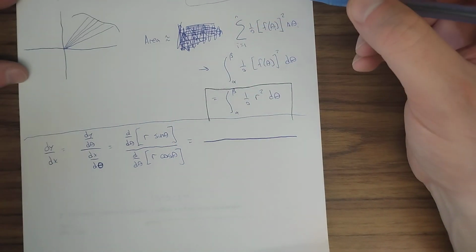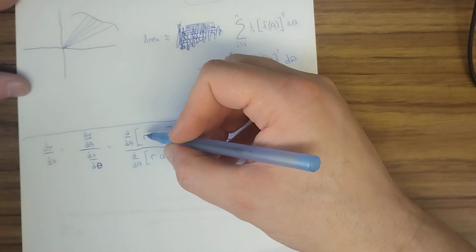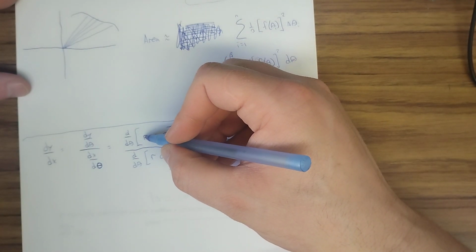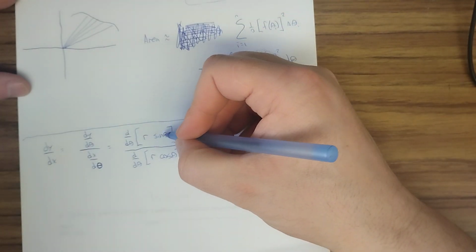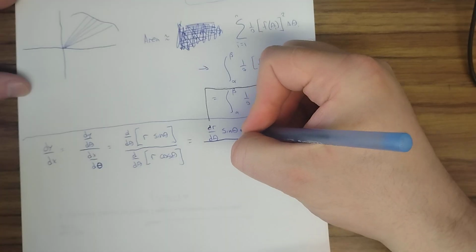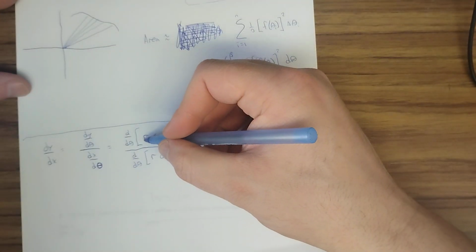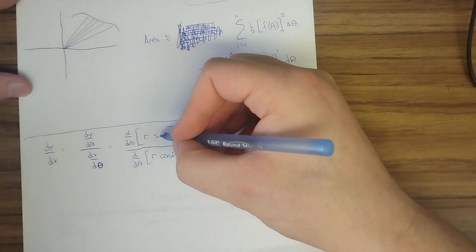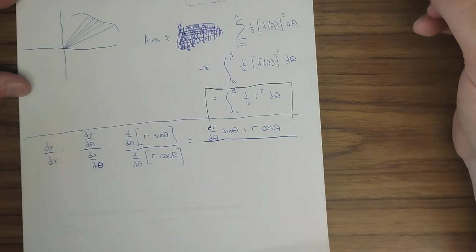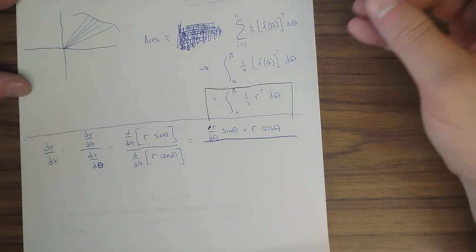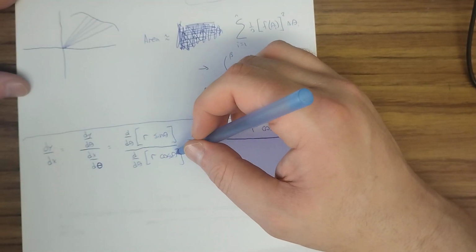So here I go. Let's do the product rule. For the product rule, I do the derivative of this, which is dr over d theta, times this, plus this, times the derivative of this. Okay? And now let's do this one.